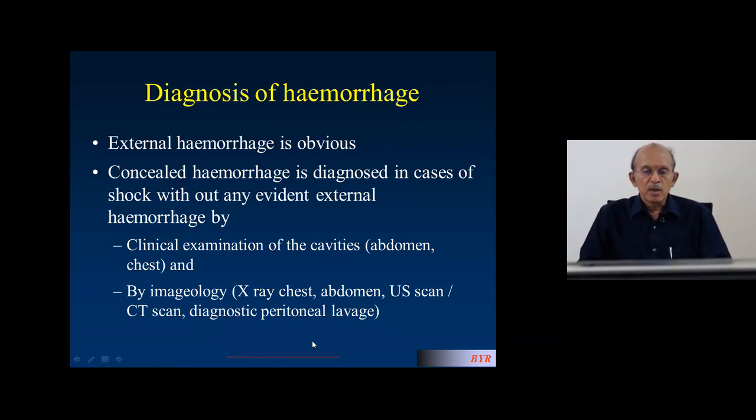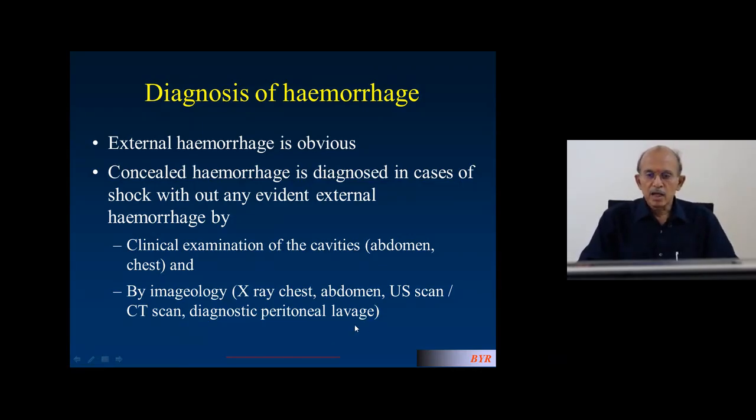Of course, immediately fluids were given, then blood was transfused. And whenever there is bleeding into the peritoneal cavity, you must operate upon. So he was operated. Later it was found he was having a bleeding hepatocellular carcinoma. So that was the diagnosis.